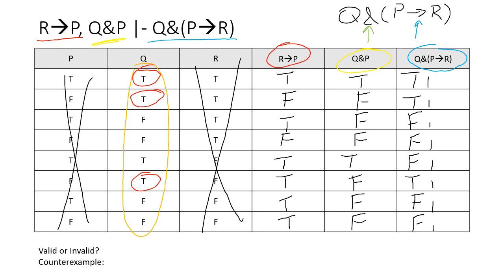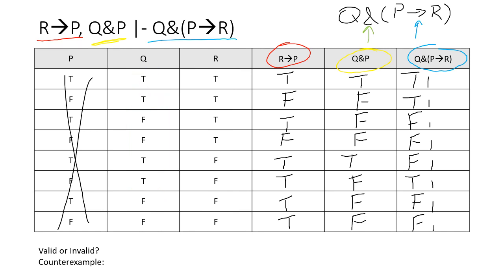And so that becomes the value of the whole conclusion. That's the one that we'll end up needing when we start looking at validity.